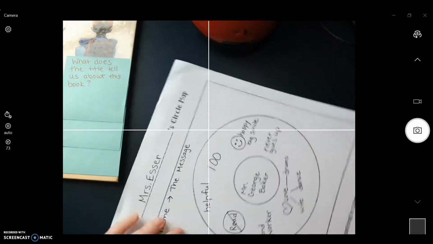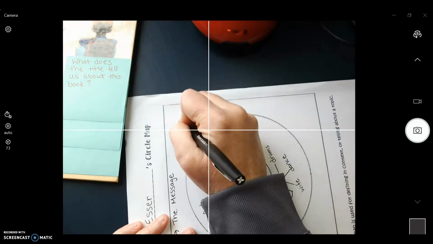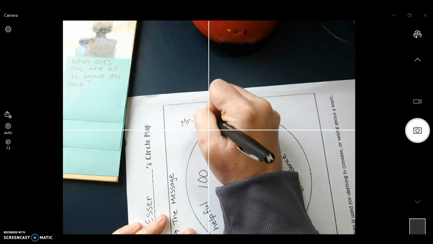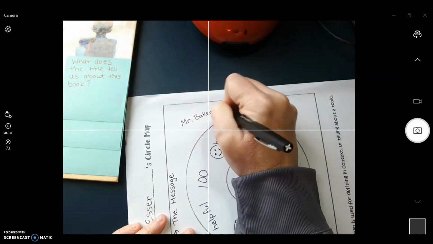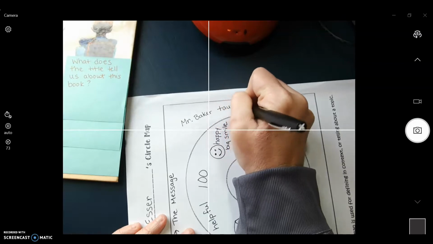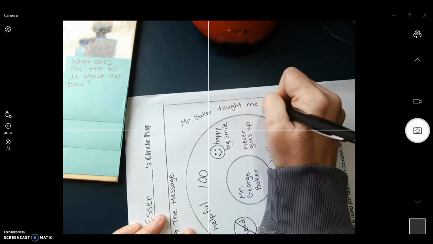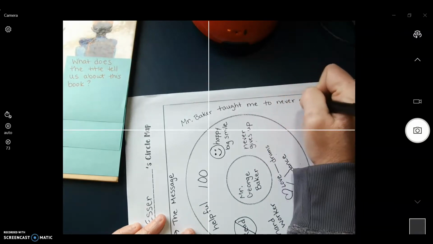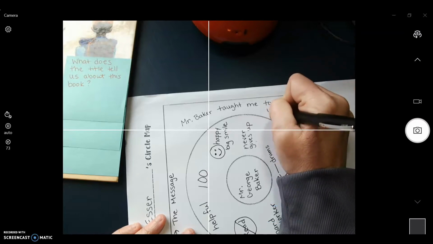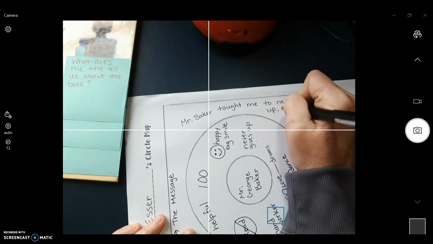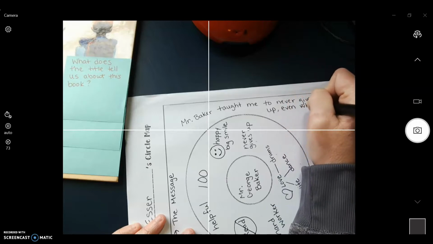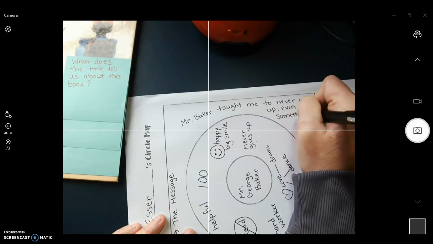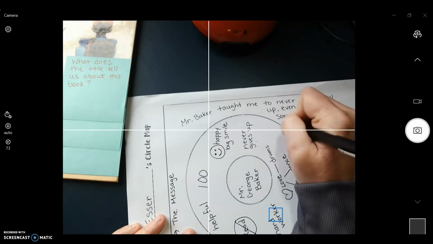So let's just write, I'm going to turn my paper so I can write: Mr. Baker taught me to never give up, even when something is hard.